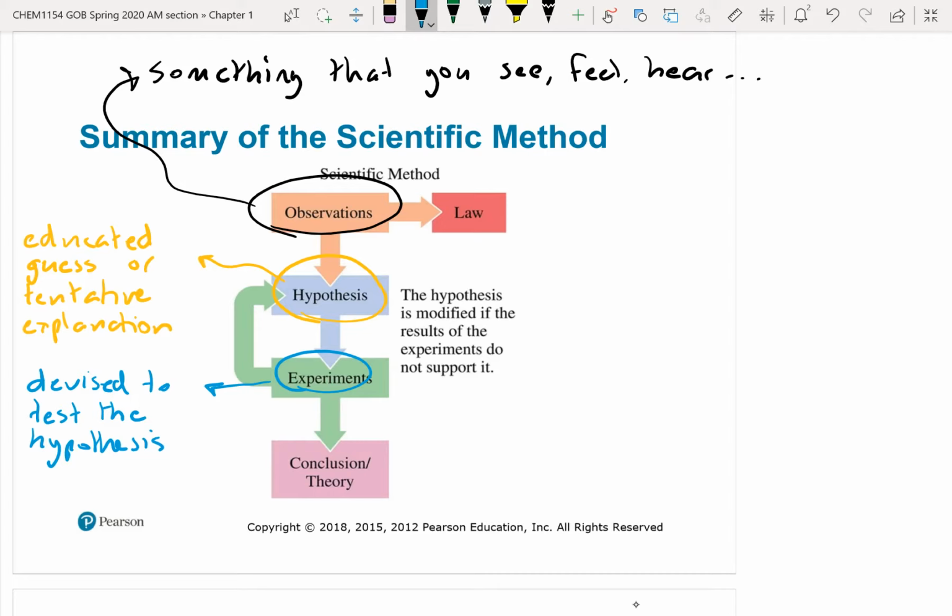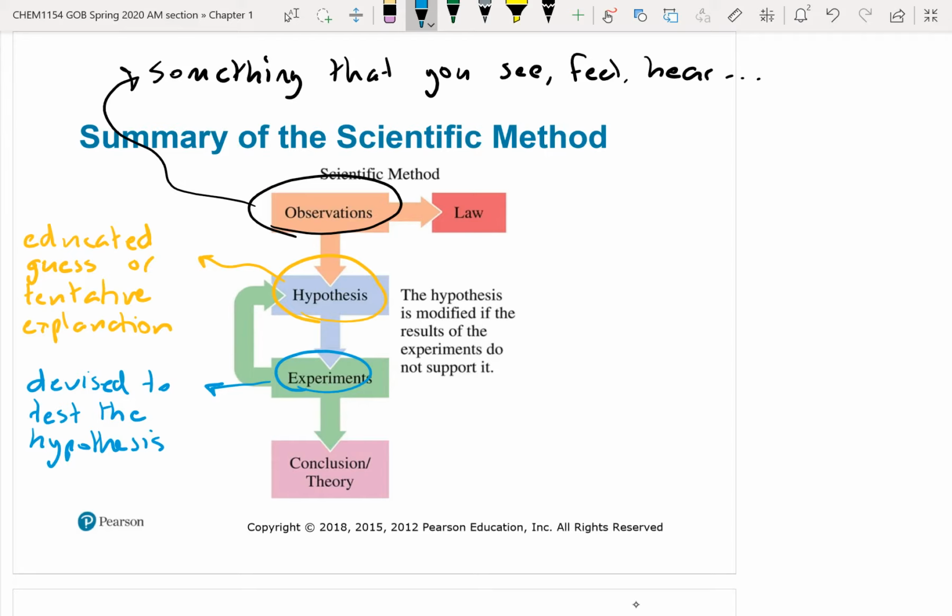Based on the results to those experiments, we can come up with a conclusion that either supports or refutes that hypothesis. If it supports a hypothesis, then we can consider it a theory. If the results to those experiments do not support that hypothesis, well, then we repeat this process again. We come up with a new hypothesis, and then we test that new hypothesis. So it's like a feedback loop, a cycle that we constantly go through, not just in science, but in all the branches of science, including chemistry.